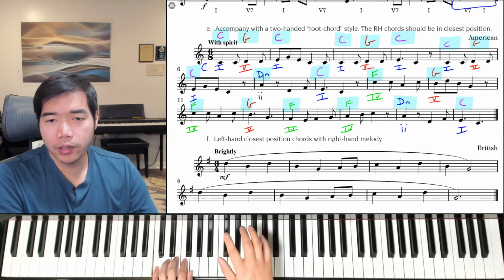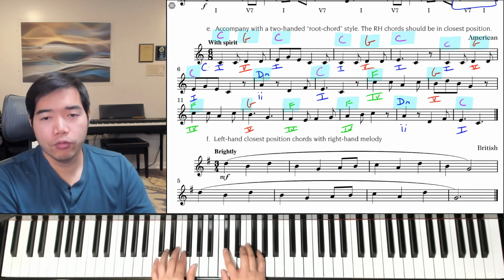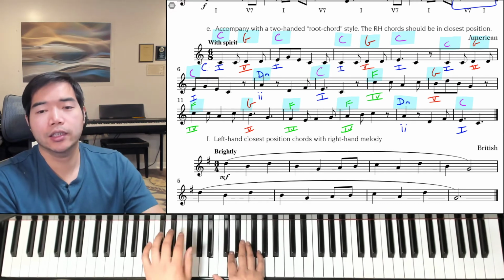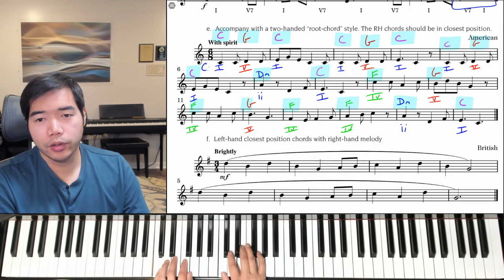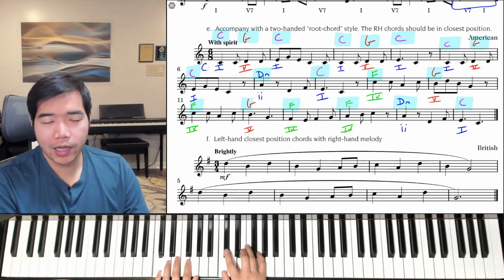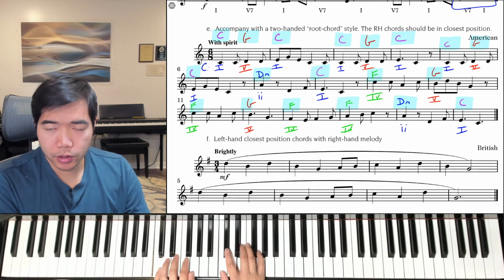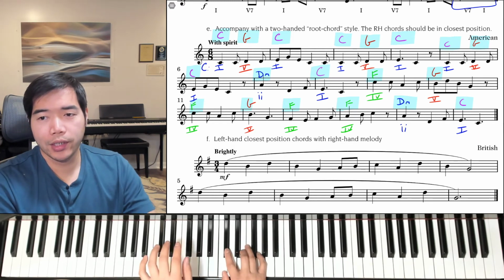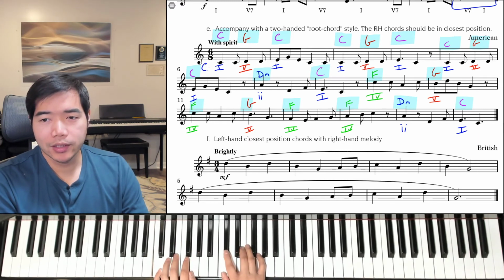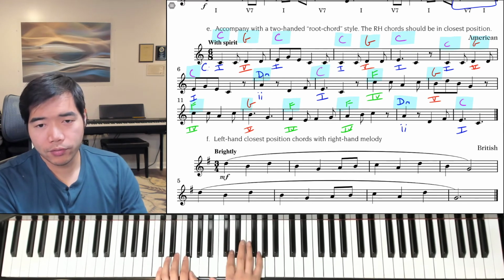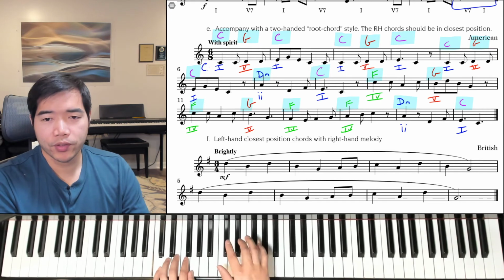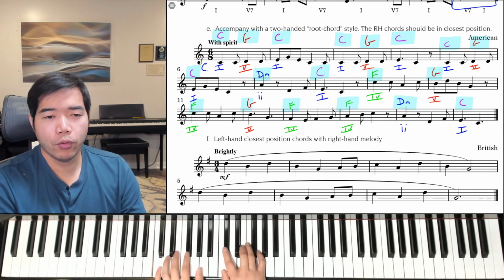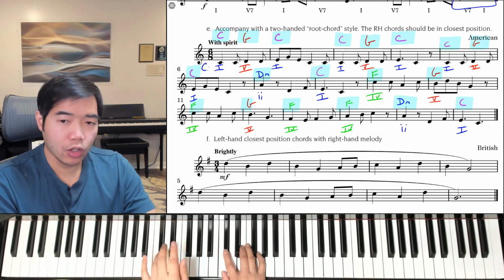So it's going to be 1, 2, 3, 4, 5, 6, repeating. Now up to D minor.